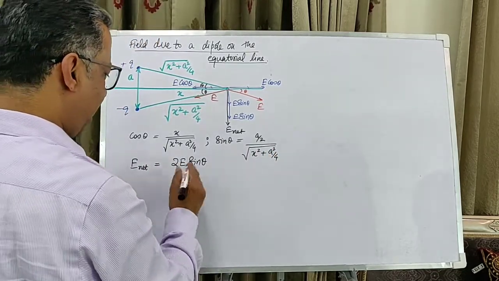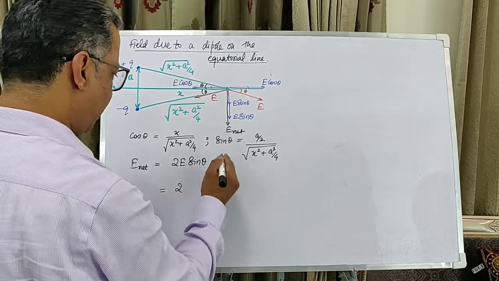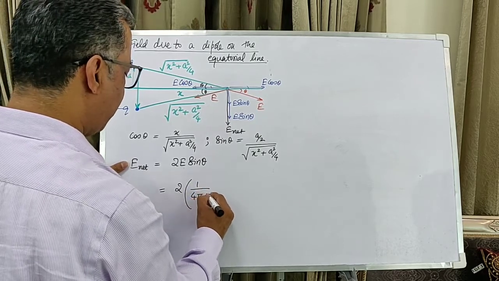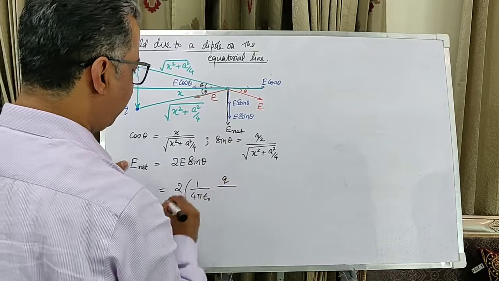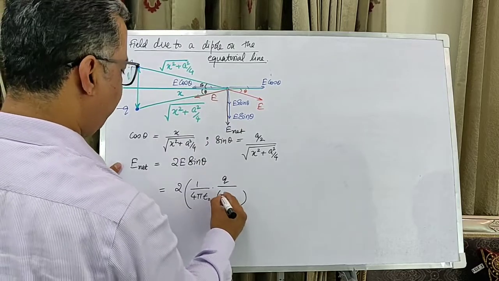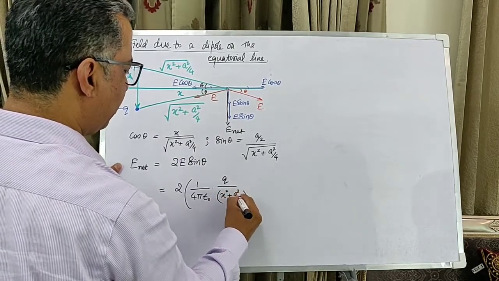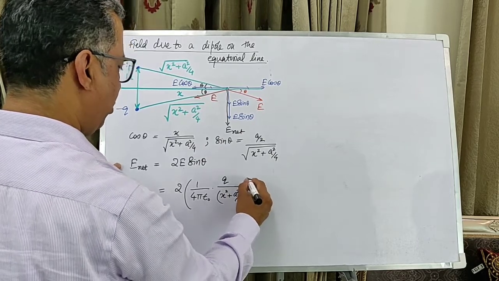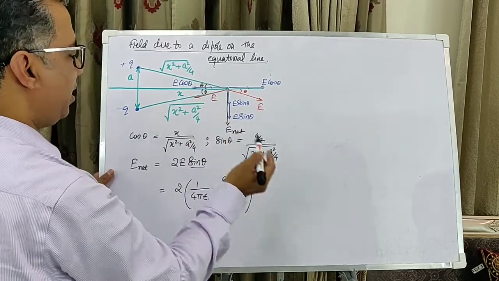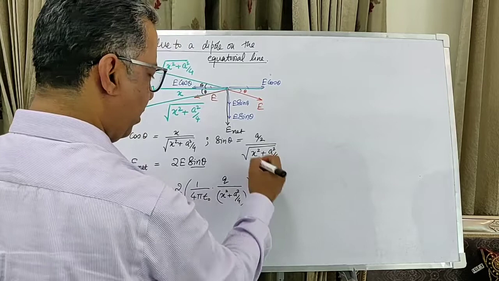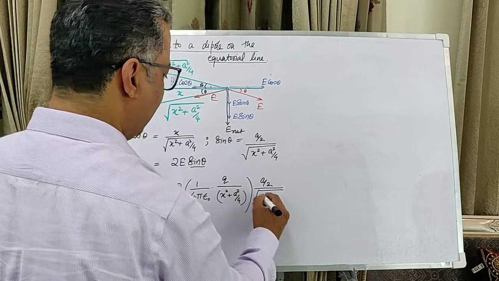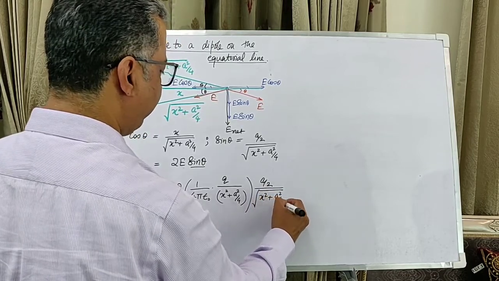So we now calculate this E net. It equals 2E sine theta. E, of course, will be 1 by 4 pi epsilon naught times the magnitude of the charge divided by the square of this distance here. Now this distance when squared gives you x square plus a square by 4, and then you multiply this by 2 sine theta. How much is sine theta? Well, sine theta here is a by 2 divided by root of x square plus a square by 4.